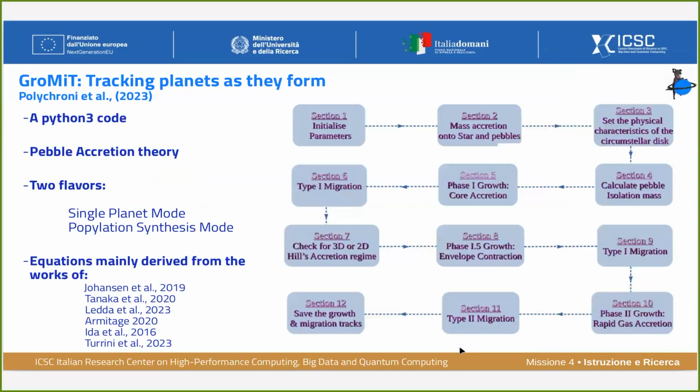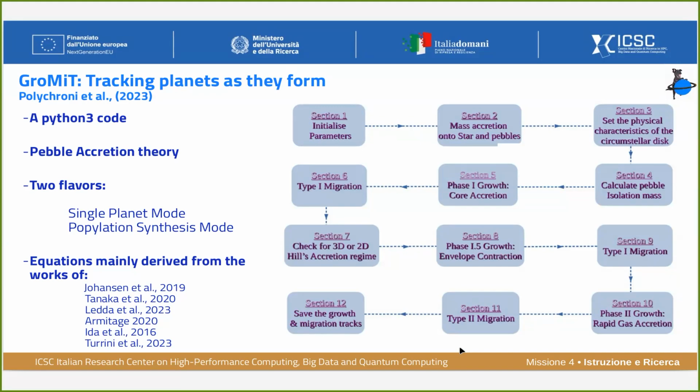To begin with, in its original and simplistic form, it is a Python code. It is based on the pebble accretion theory, and it comes at the moment in two flavors. There is the single planet mode, and there is the population synthesis code.